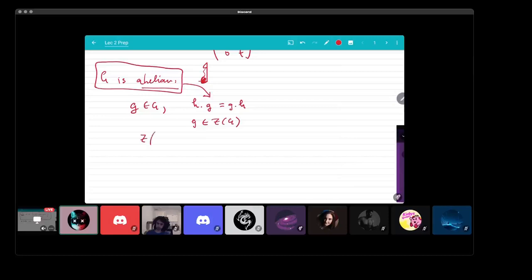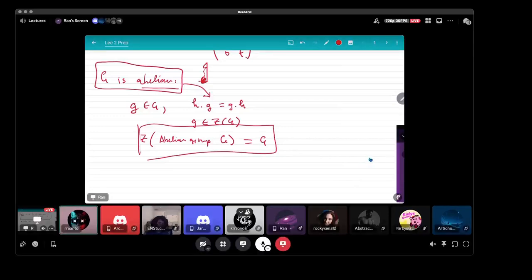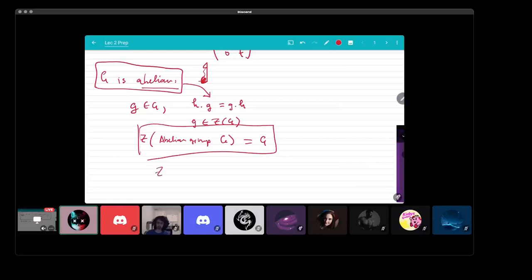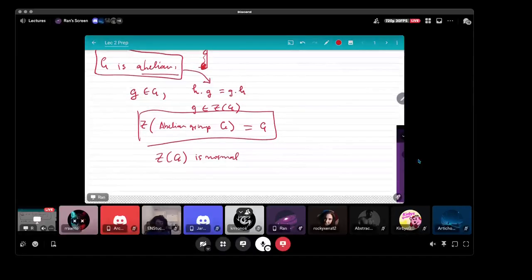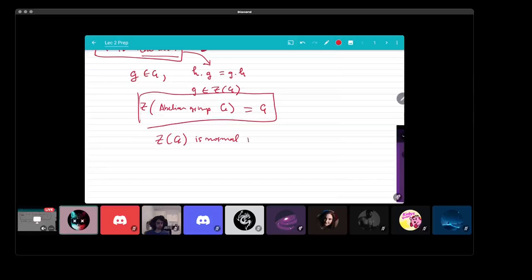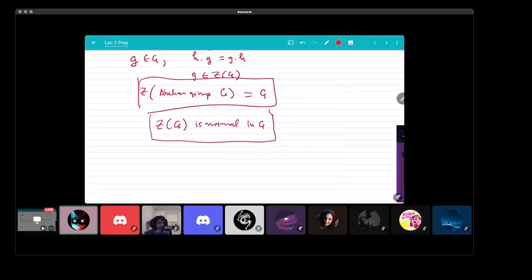So the center of an abelian group G is the whole group. And the center of any group, I think I've mentioned this, is normal in the group and is contained in any normal. Wait, not sure.